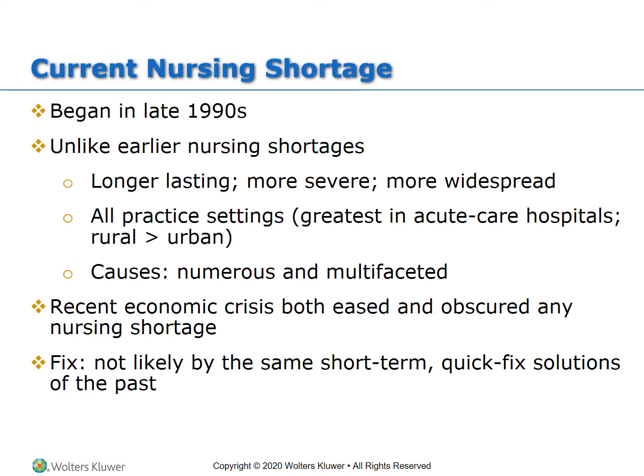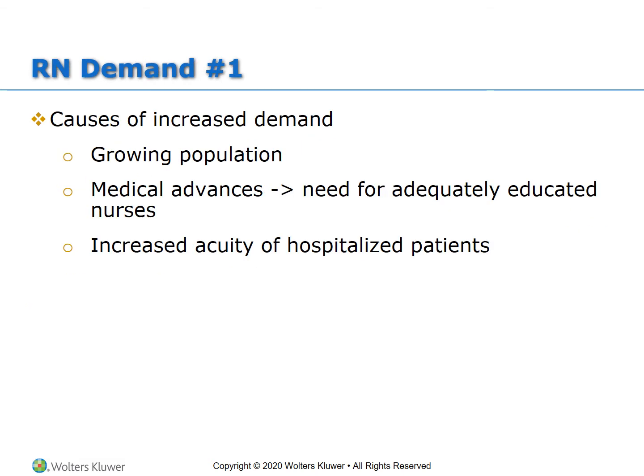So, the demand for nurses, think about it. The demand for professional nurses in both the short-term and long-term future continues to increase, because employment of RNs is expected to grow much faster than average for all occupations through 2024. Causes of increased demand include a growing population, medical advances that increase the need for adequately educated nurses, and the increased acuity of hospitalized patients.